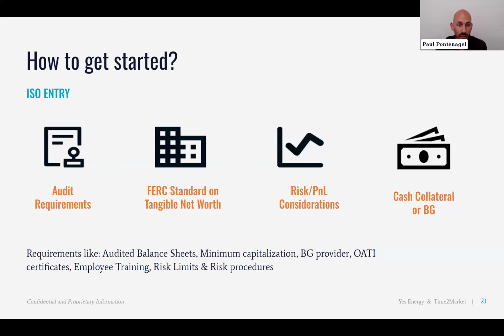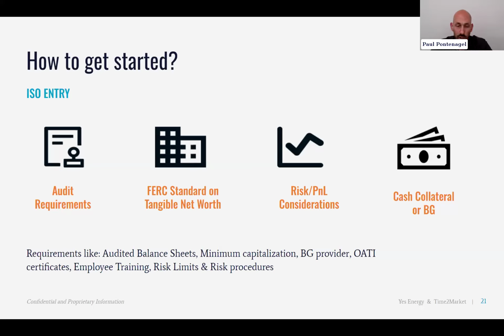So we start on the left, audit requirements, and these are typically pretty strict. We're dealing, of course, with different ISOs, different approaches, different regulations, but typically somewhere in your journey, typically at the start, you will need audited financials. So the moment you have your entity set up in the US, it might be that you can initiate a market registration without the audited results.